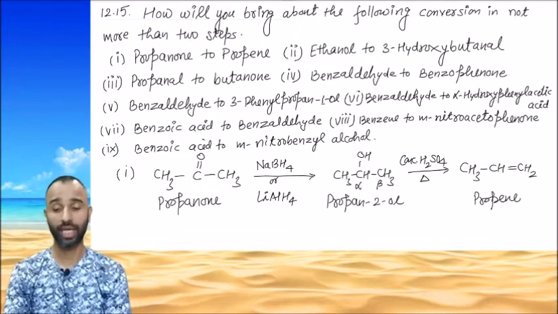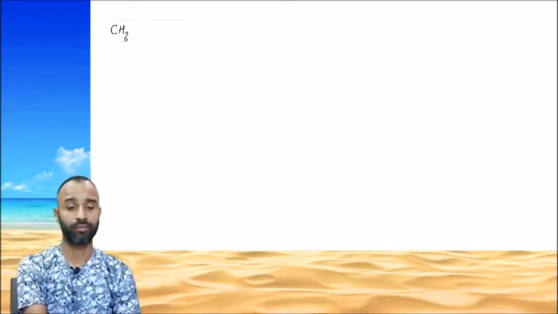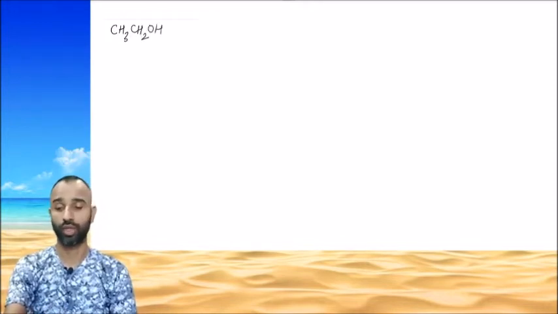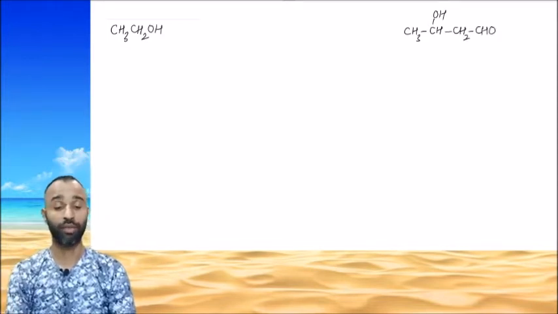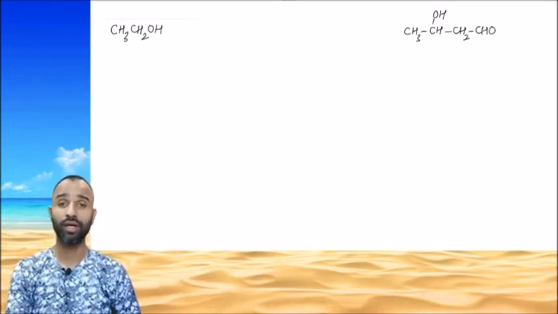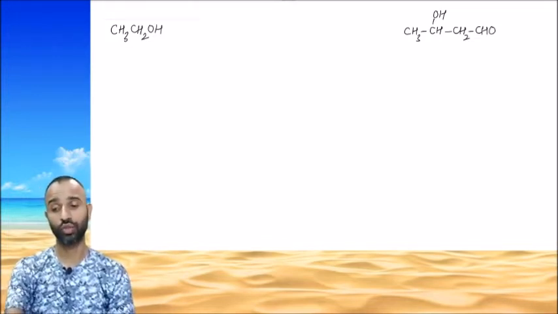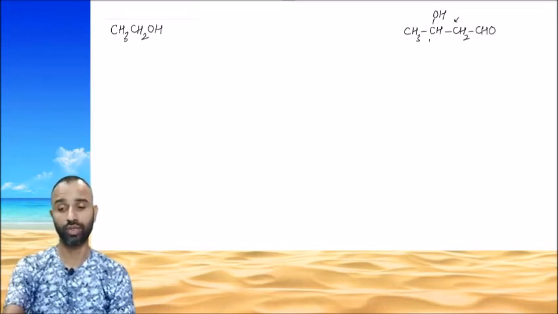See, we have ethanol and we have to convert it into 3-hydroxybutanol. That means we have to double the carbons as that present in the alcohol. Alcohol has 2 carbons, and this is beta hydroxyaldehyde.